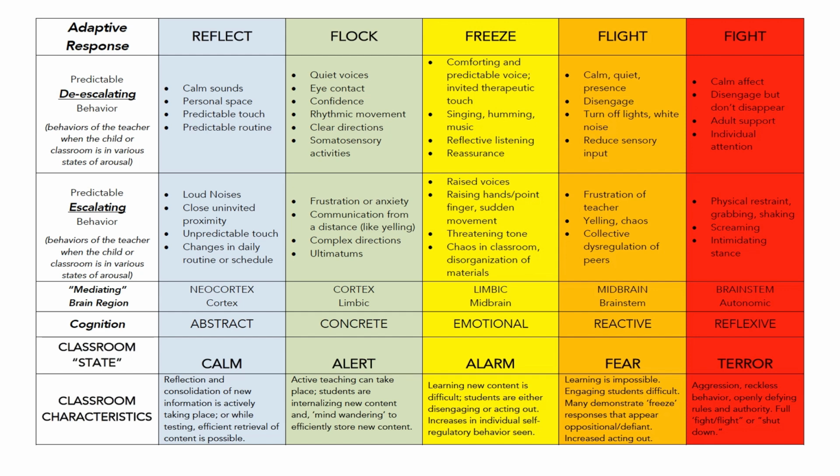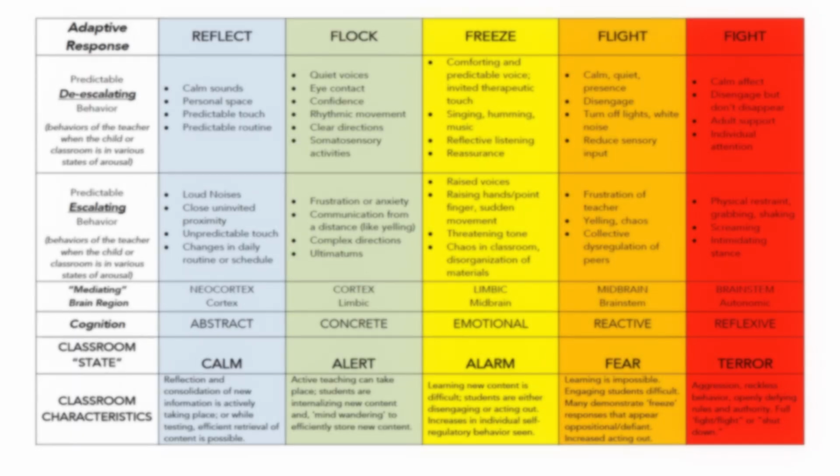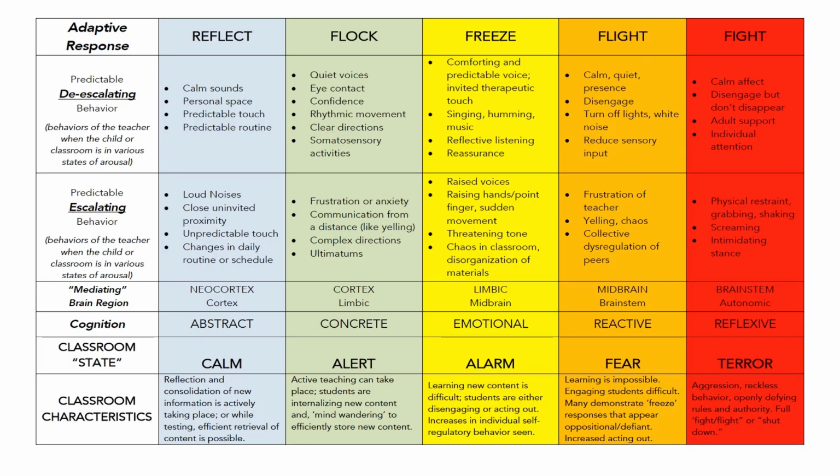Based on this chart, what actions should we avoid because they would probably escalate the situation? The actions are listed in the predictable escalating behaviors section. Those actions are raised voice, raised hand, shaking finger, tone of voice, yelling, threats, and chaotic milieu.